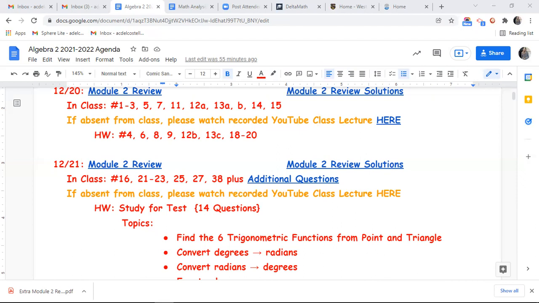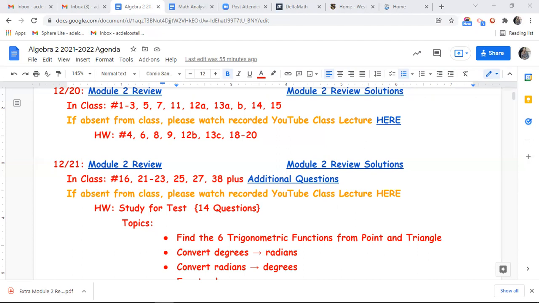So negative 150 plus 360 is 210. Now I'm going to plot it. So 210 also falls into quadrant 3. I'm going to do the same rule. I'm going to do 210, subtract the 180 degrees that makes up that straight line. And I get 30.